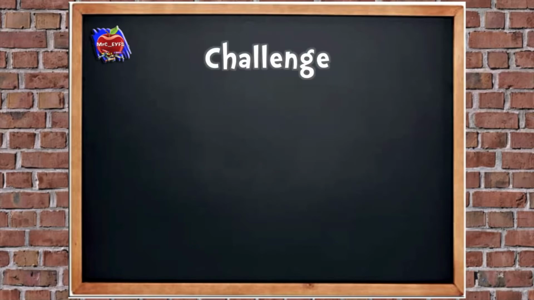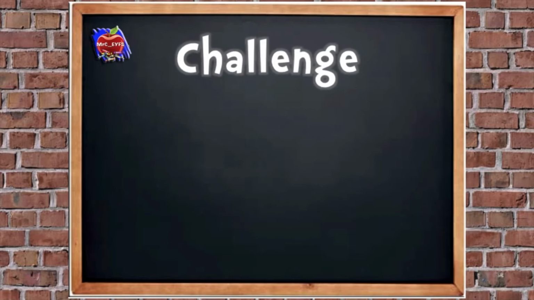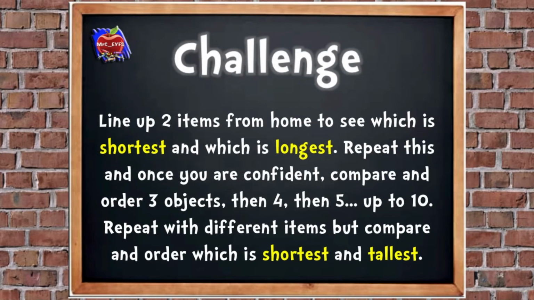Excellent, well done. Right, here's your challenge for this week. So, you ready? What I'd like to do is line up 2 items from your house and then see which one is the shortest and which one is the longest. And then keep doing this with lots and lots of different things, and then I want you to compare and order 3 objects.